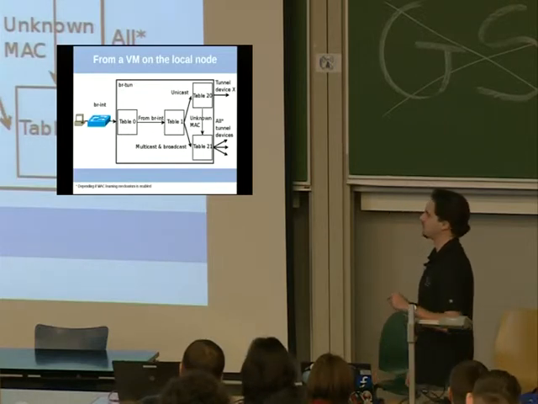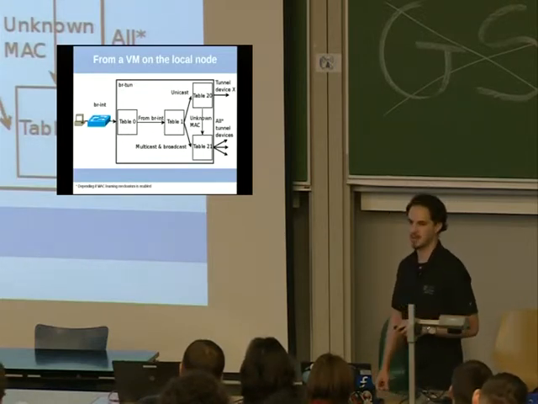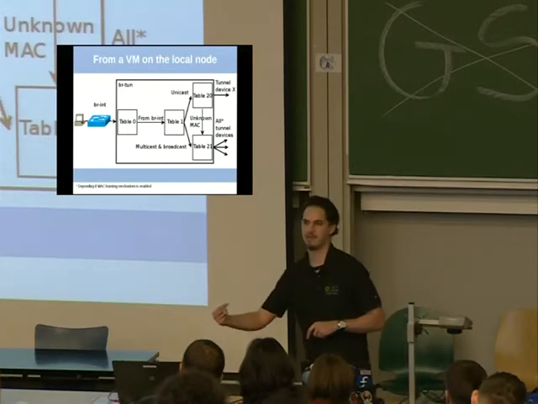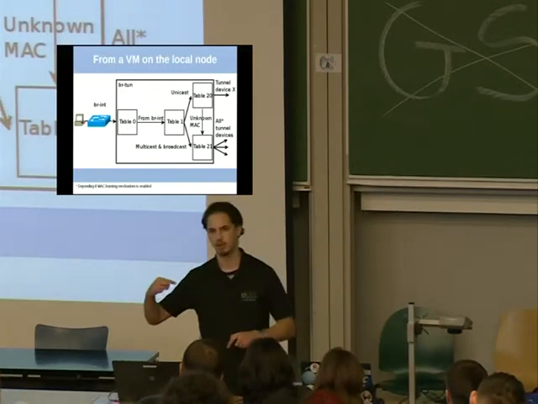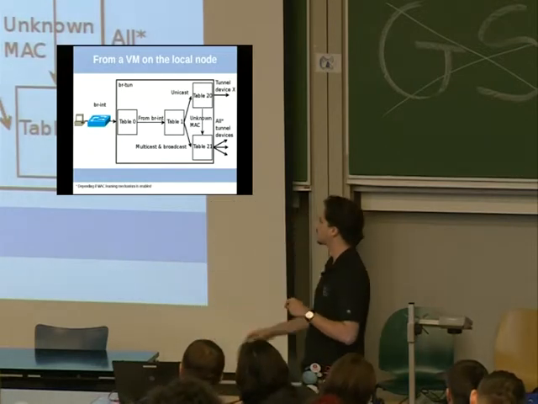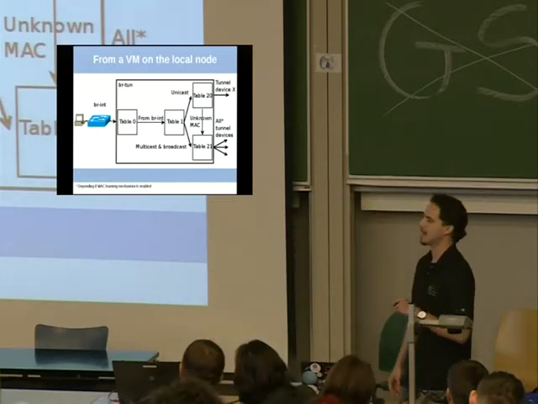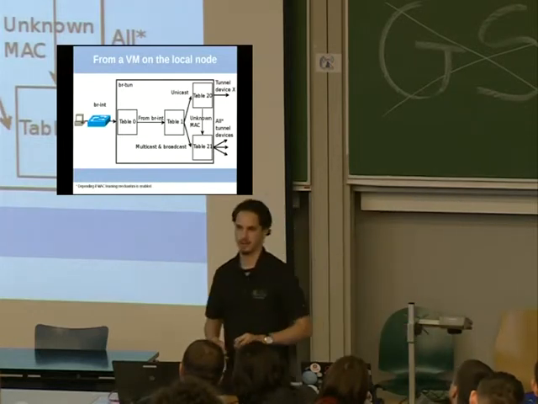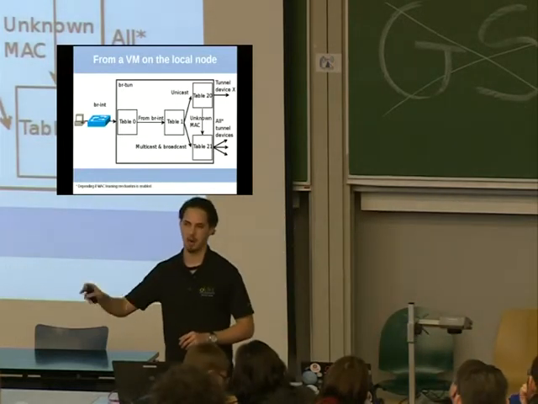It has a bunch of different tables. Table 0, as we said, is the first table. We basically say, OK, this is traffic that's coming in from the integration bridge, so we'll just resubmit it to table 1. Table 1 classifies unicast traffic and non-unicast, which is basically multicast and broadcast.